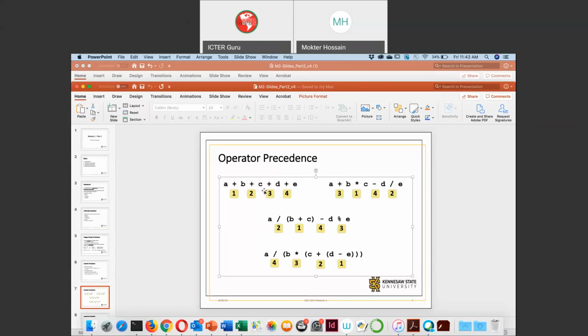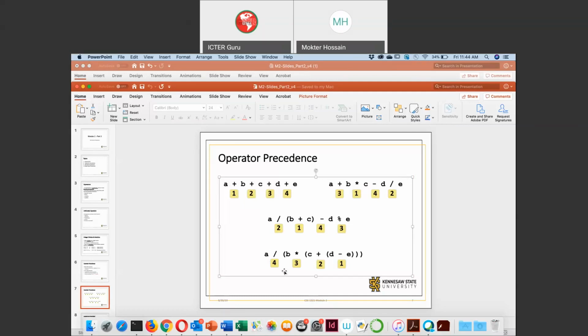But on the contrary here, we have all plus signs. The plus operators have the same precedence, but they will be executed from left to right. So whatever comes first will be executed first: this plus operator, then this plus operator, then this one, then this one. But we also know that if there is a parenthesis, then that has the highest precedence, right?